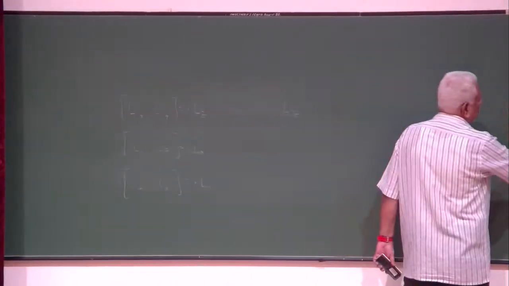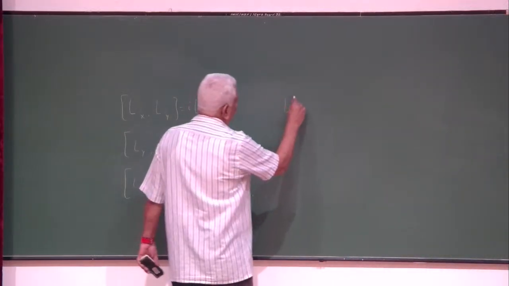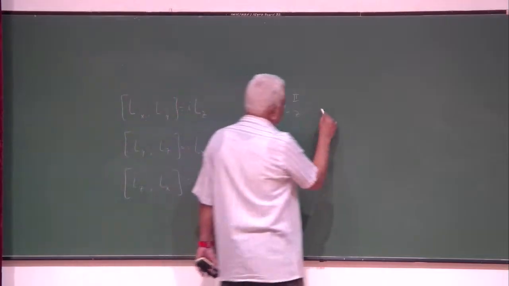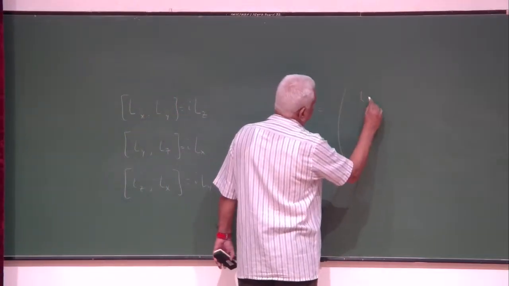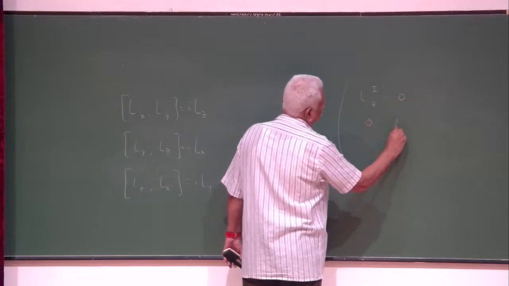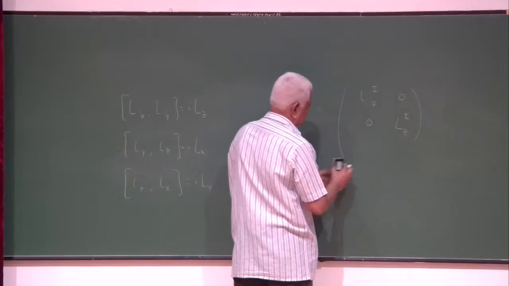You agree with that? Now, I write a new matrix. I will call this as Lz1. Now, I am going to ask Lz2. That matrix is Lz1 0 0 Lz1. I have written here.